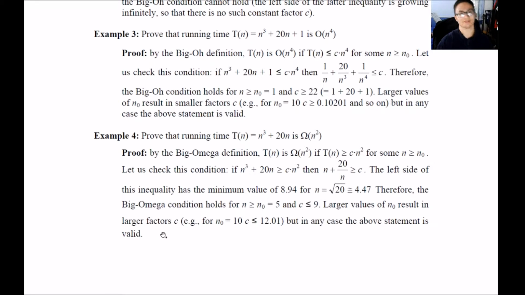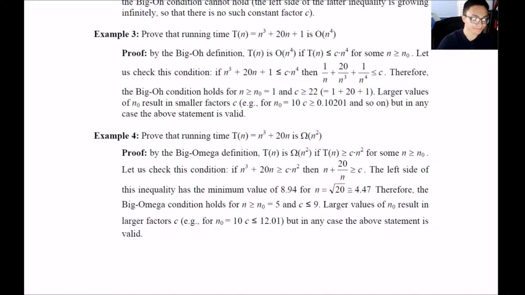Okay, wow, we learned stuff today. Larger values of n naught result in larger values of c. For example, this holds true for c less than or equal to the value with 10 plugged in for n naught. But in any case, the above statement is valid.